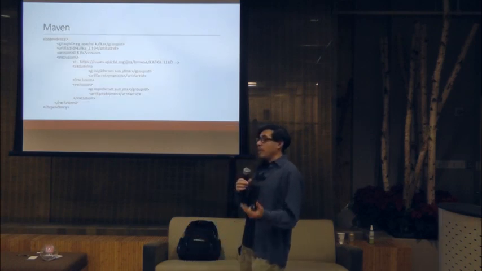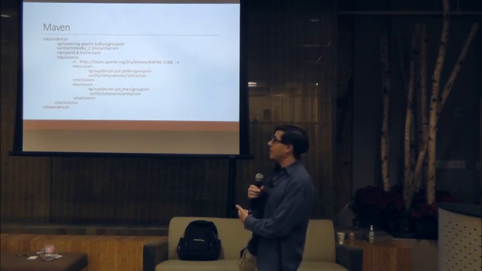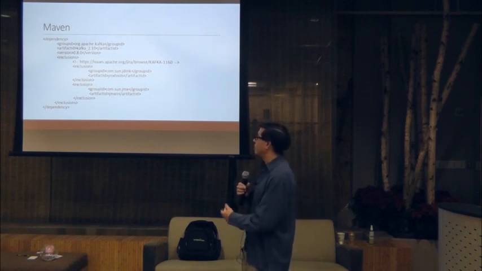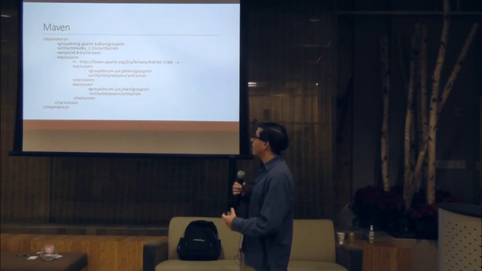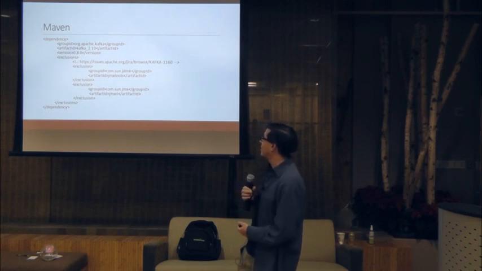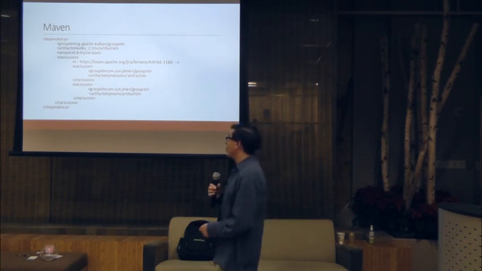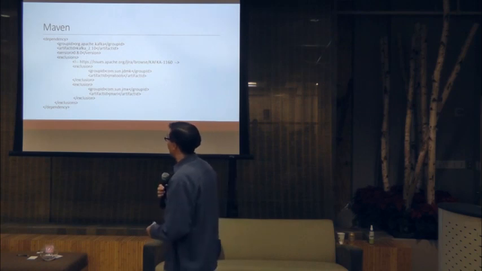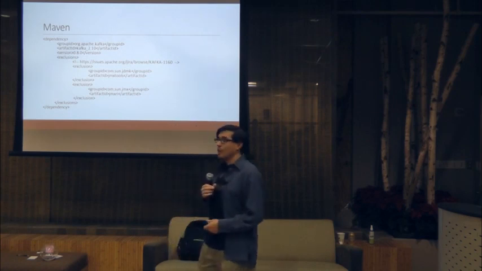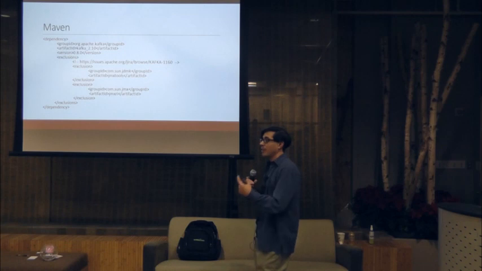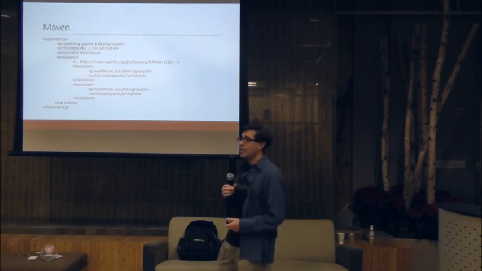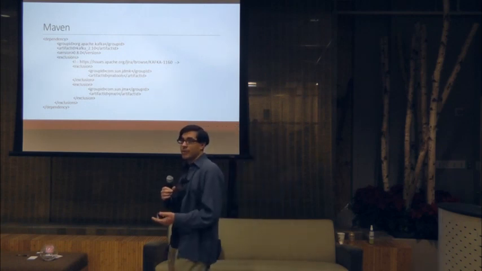All right, if you use Maven, here's how you get started. Here's a POM that you would use. The POM still needs a little bit of work. Kafka 1160 is still open to get rid of this little exclusion clause. But besides that, you're good to go. If you have some other library that's already excluding these libraries, then you don't have to do this. But if you don't, then you do.